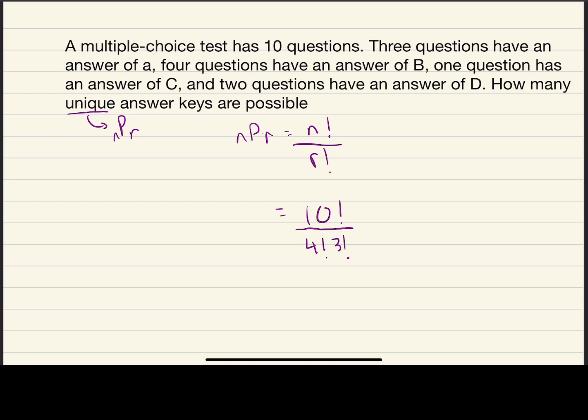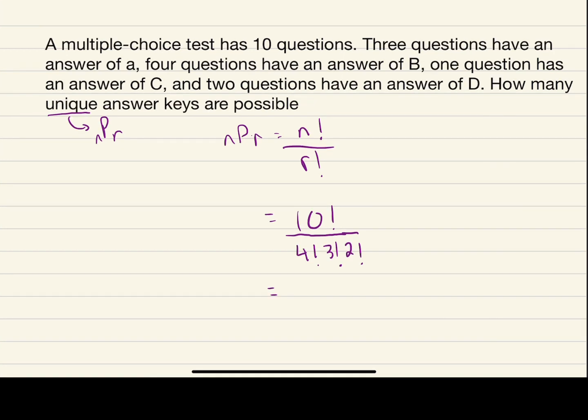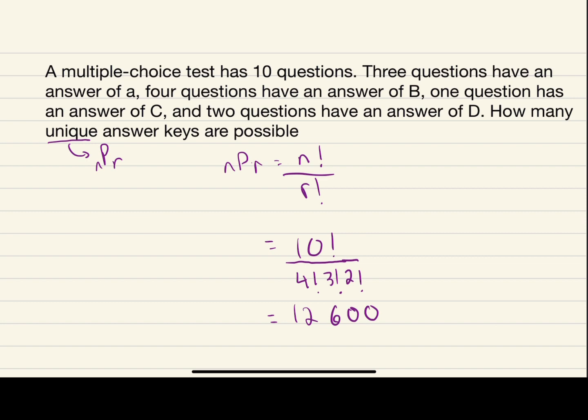So don't get fretted about that. And then another repeat is 2 questions for D. And this gives us a total of 12,600 unique ways or unique answer keys that are possible for this test. I'm going to just highlight this right over here.